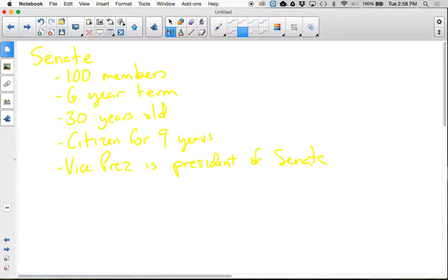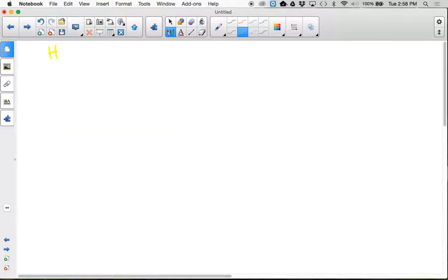Okay, so jobs of each branch. Okay, for the House, and then the Senate, and then both. So the House, okay? The House can propose tax laws.